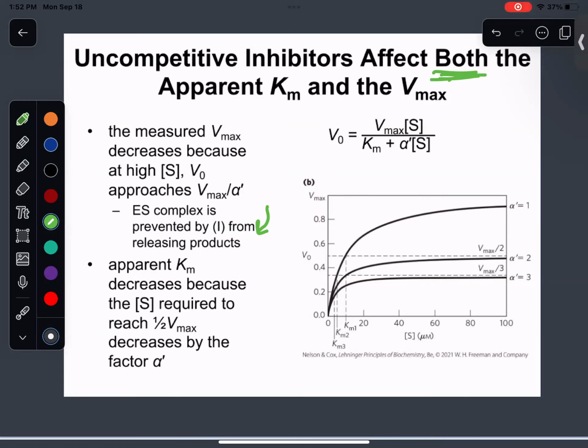Once that's formed, then your inhibitor comes in. So not only do you lock in the enzyme and prevent it from working, you also kind of lock in some substrate as well. You've rendered both of these useless in the system by adding the inhibitor. So if you have less substrate and less enzyme too, what does that mean? You're going to have less product. Less product means what? Lower Vmax.